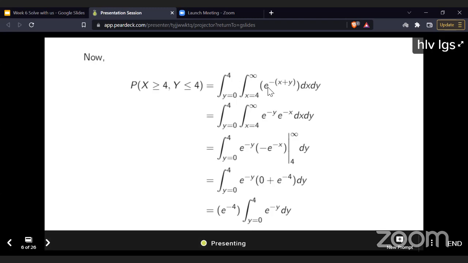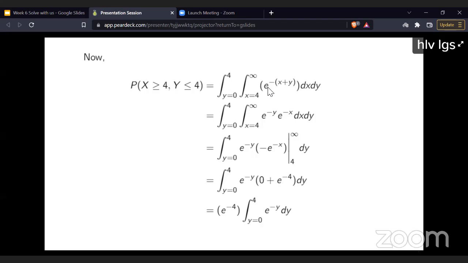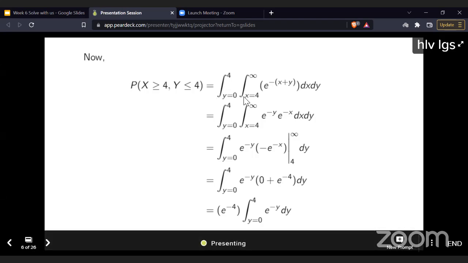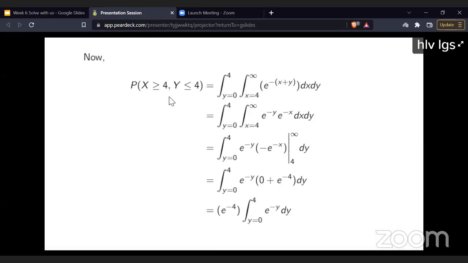If you integrate your joint PDF over this range, you will get the probability that x is greater than or equal to 4 and y is less than or equal to 4. The integration is the same way as we discussed in the previous slides. You can integrate first with respect to x, or first with respect to y. You'll get the same answer.